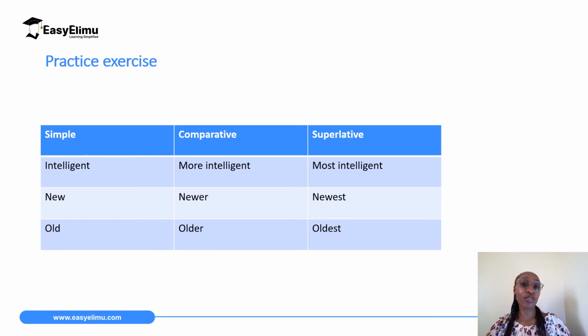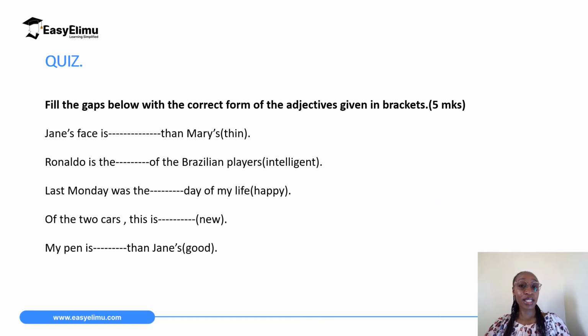So for further practice, you can also attempt to write down some adjectives in their simple form and then change them to comparative and superlative. And that's it for this session.